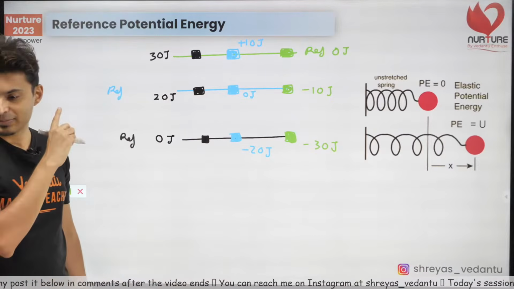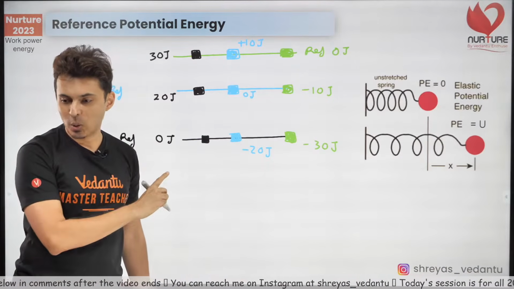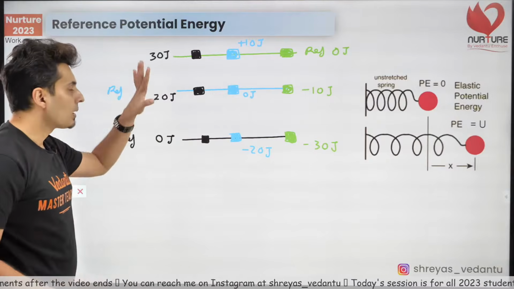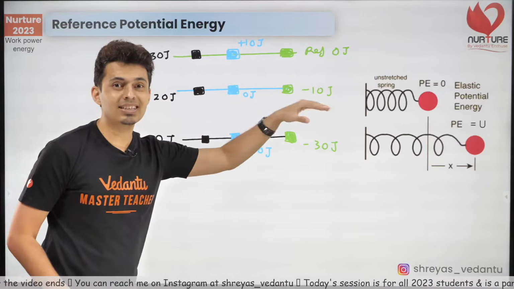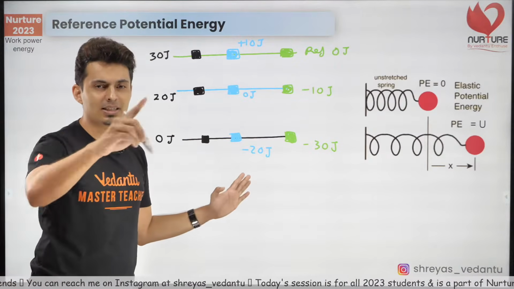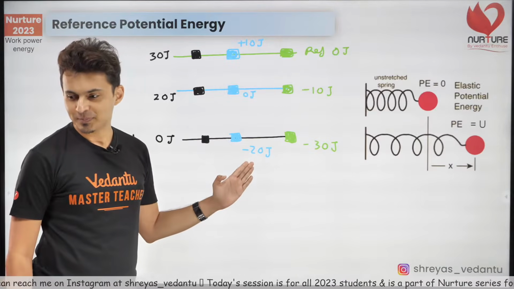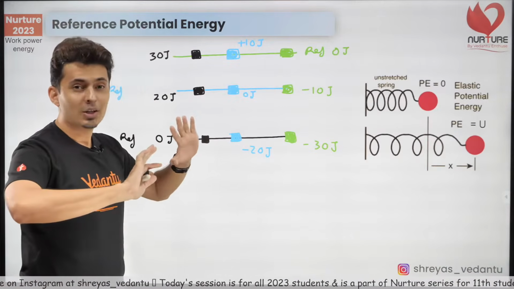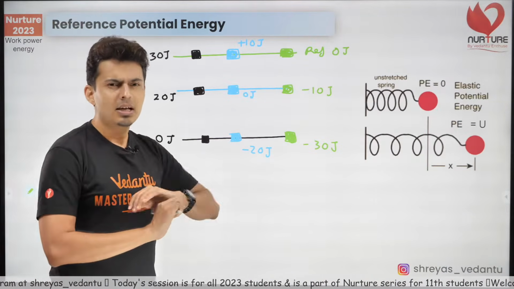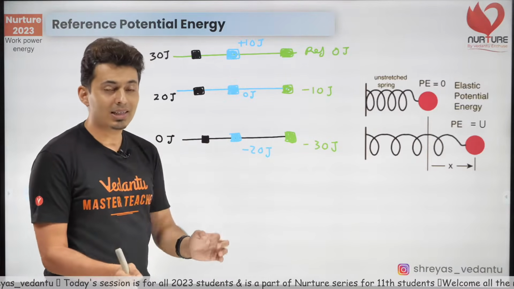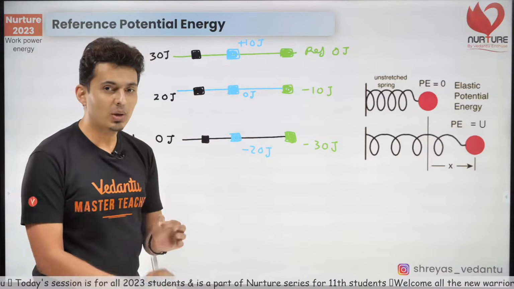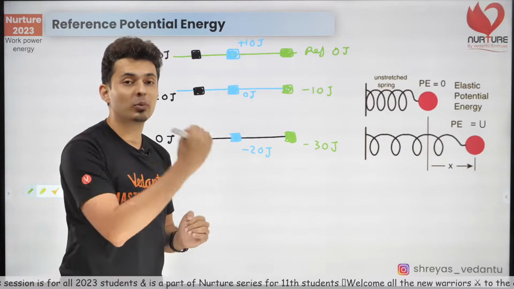What you are seeing over here is that the value of potential energy is insignificant. Somebody was just asking it some time back. Understand, the value of potential energy is of no importance to us, but what is important to us is the change in the potential energy.